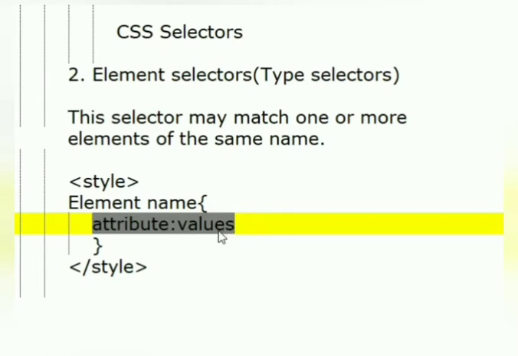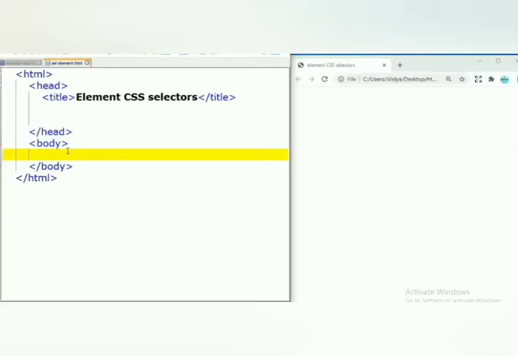This helps to apply the same CSS styles to similar elements of HTML pages. Let's learn this element selector practically. Here you can observe I have already written and kept some default elements. In this program I am going to show how to use the element type selector.